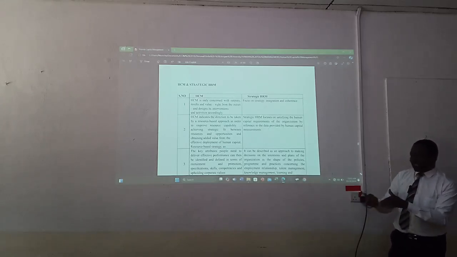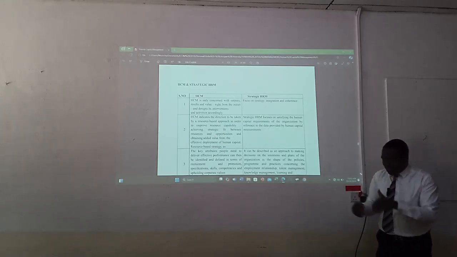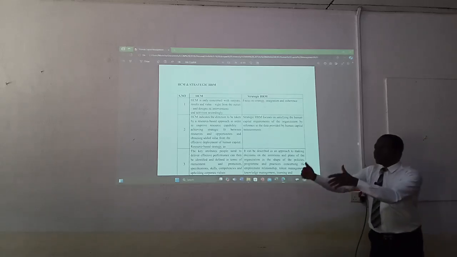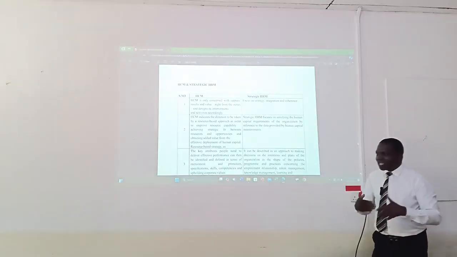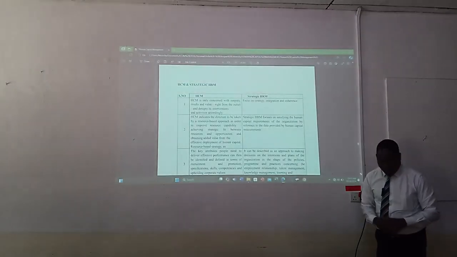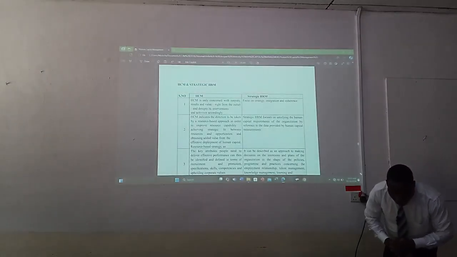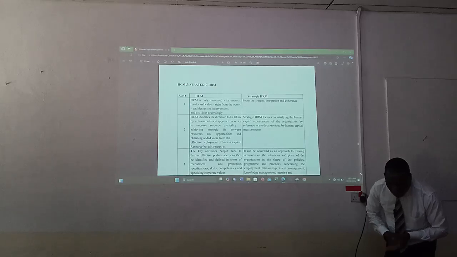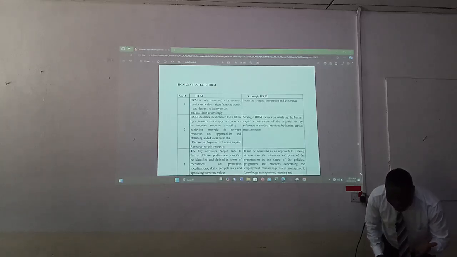These are what we call strategies, so that you are able to reach the intended goal. And that's the beauty of human capital management. And again, point number 2: human capital management indicates the direction to be taken by a resource-based approach in order to improve resource capabilities.